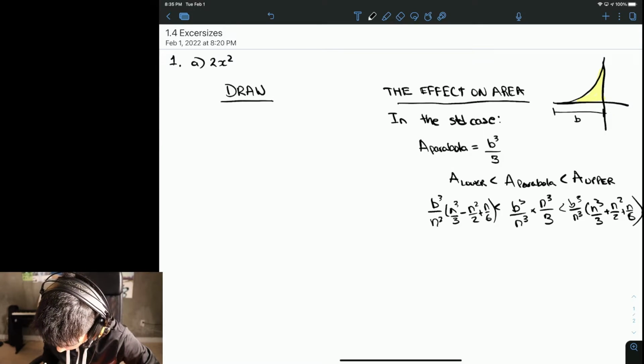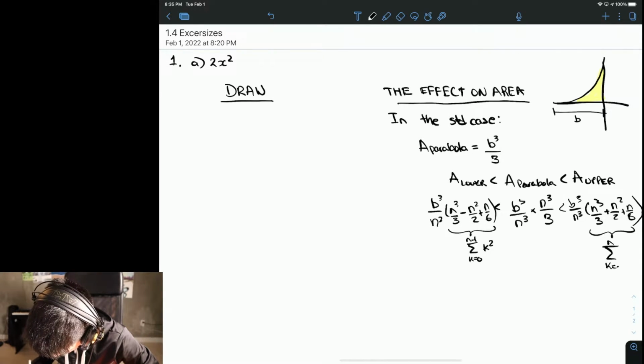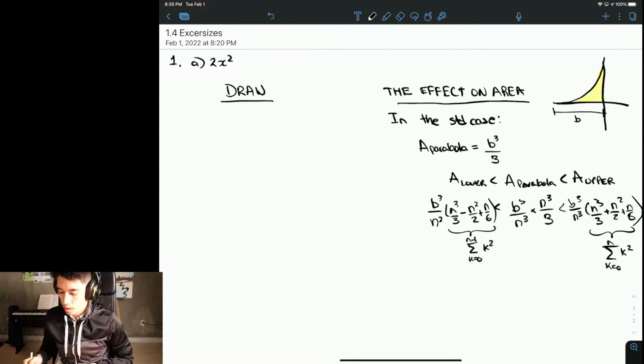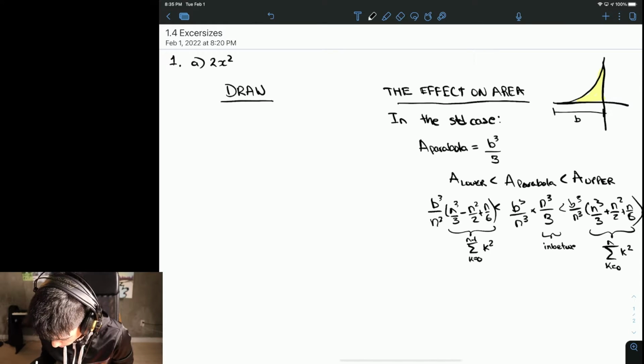Where these two chunks equate to the sum from k equals 0 to n minus 1 of k squared, and this is the sum from k equals 0 to n of k squared. So you can see that the area sits in between those two terms, this one and this one.